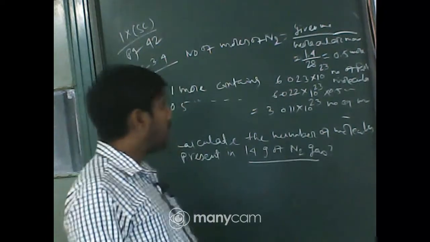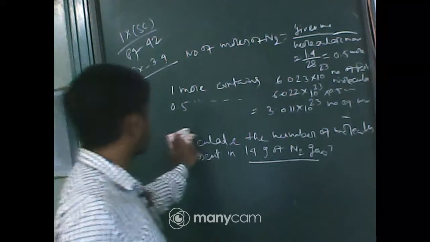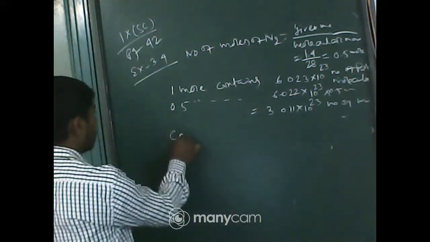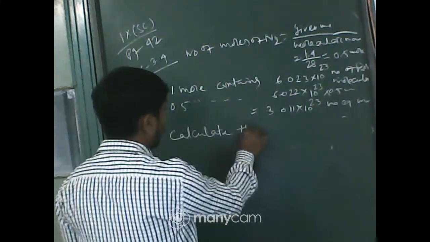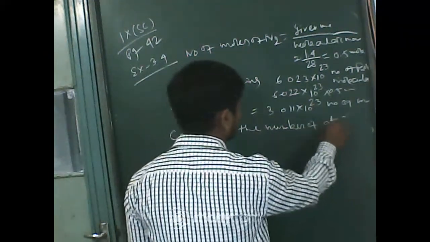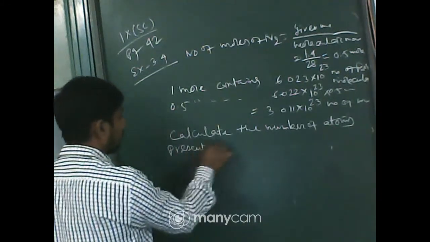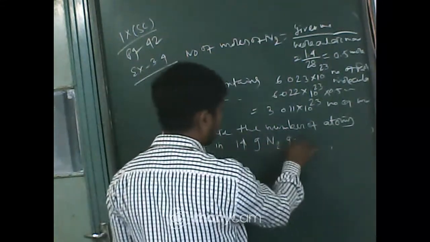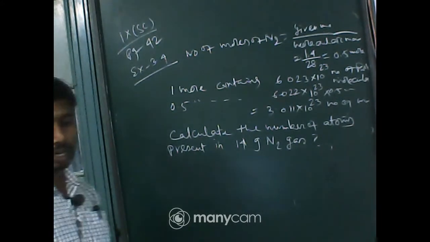Okay. Now again I will continue this. Now you have to calculate the number of atoms present in 14 gram of N2 gas.